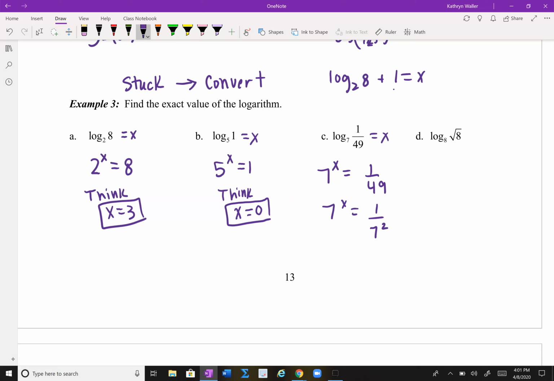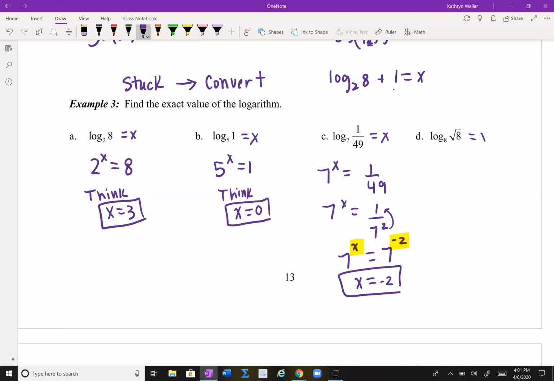And then I want to pull that 7 squared up. If it's on the bottom and it has a positive exponent, then when you pull it up, it becomes a negative exponent. So if 7 to the x power is 7 to the -2, then you know x must be -2. That's it.